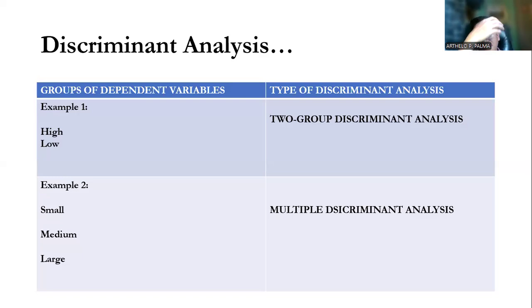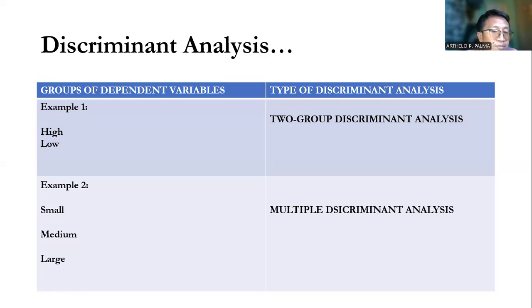So I'll give you a scenario here for discriminant analysis. When there are two groups of the dependent variable, especially like high or low, this is what you call two-group discriminant analysis.